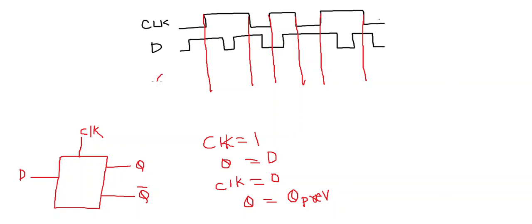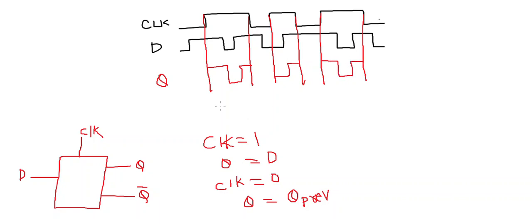Now, as per the definition, when clock is 1, Q will follow the D. So I will just follow the input and draw the waveform of Q.